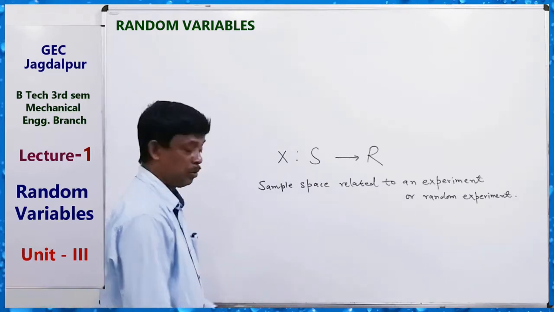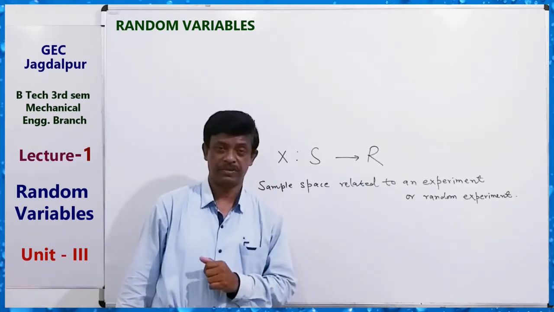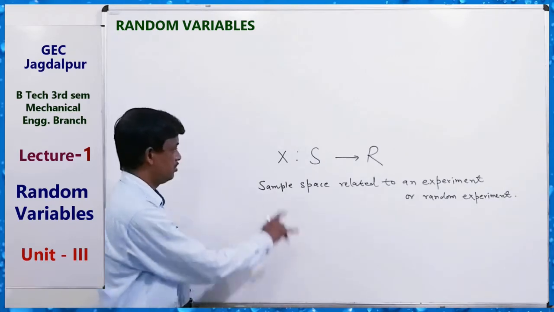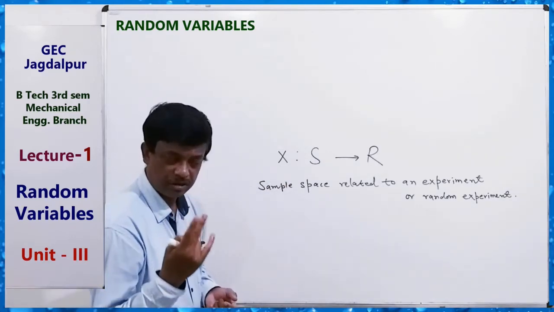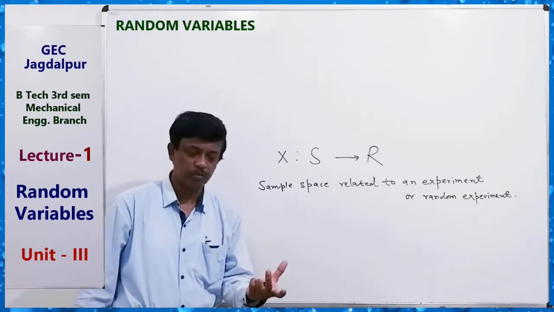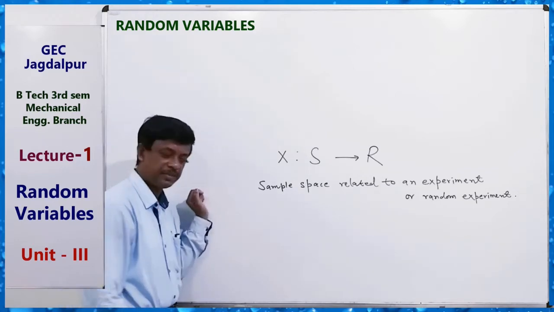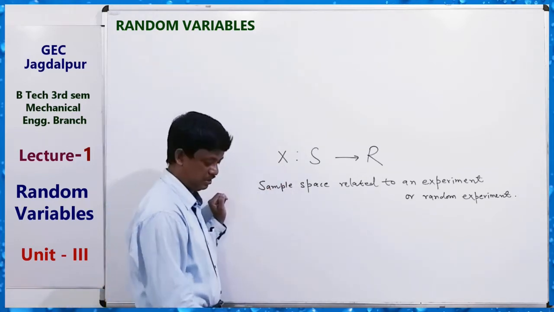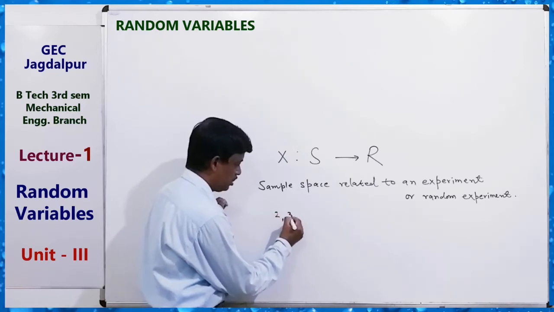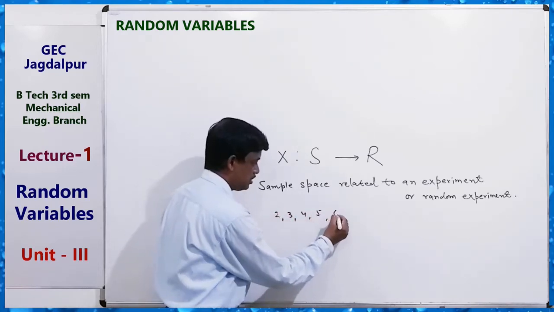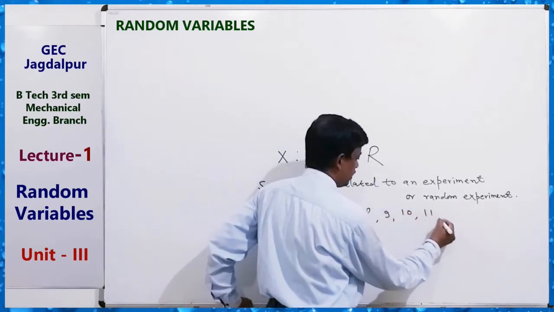Suppose we throw 2 dice at a time and we denote by x the sum of the numbers on top of the 2 dice. So what values can the random variable take? It can take 2, 3, 4, 5, 6, 7, 8, 9, 10, 11, 12.